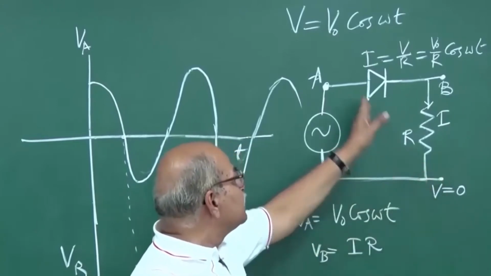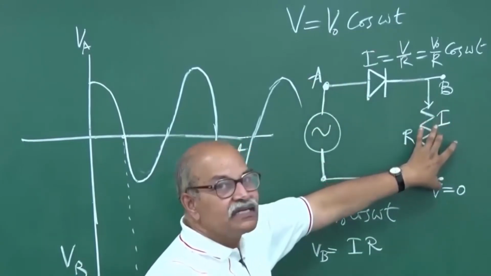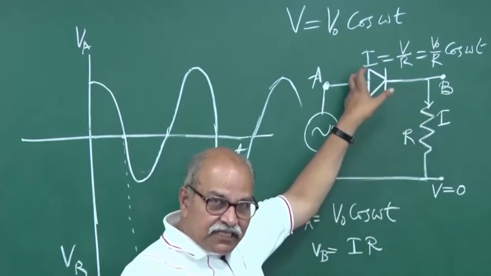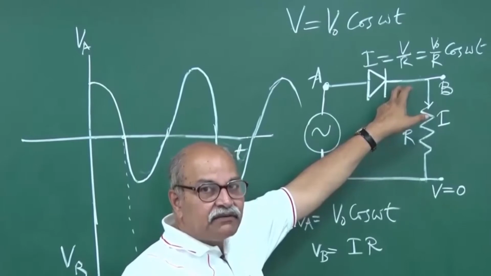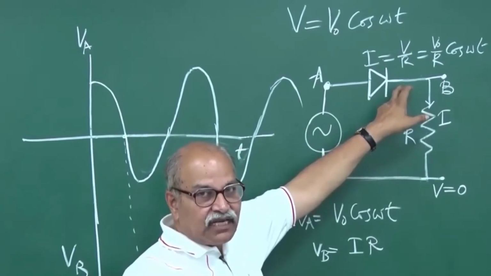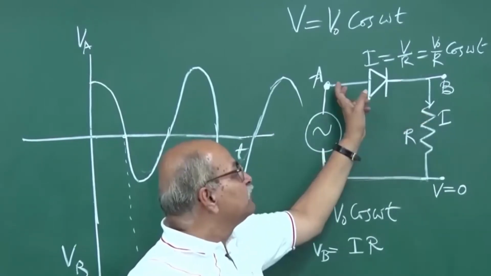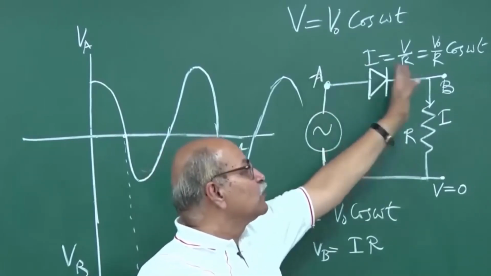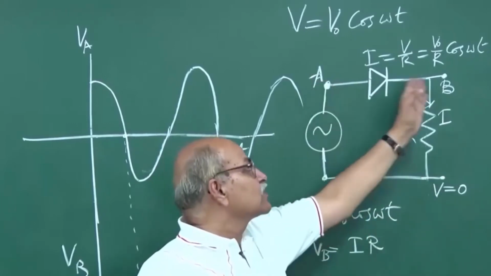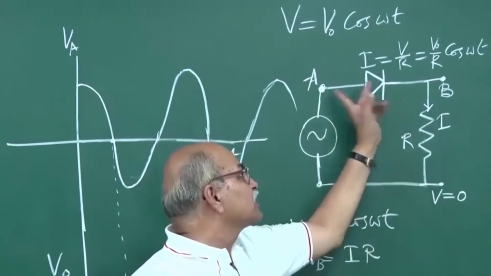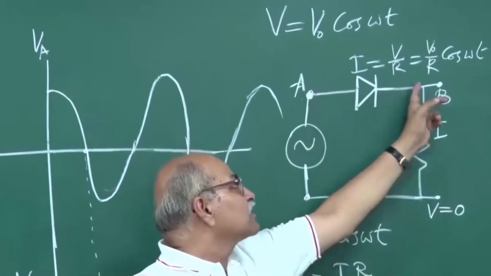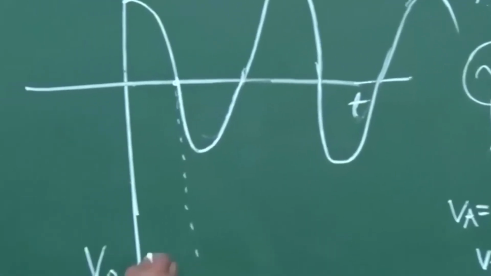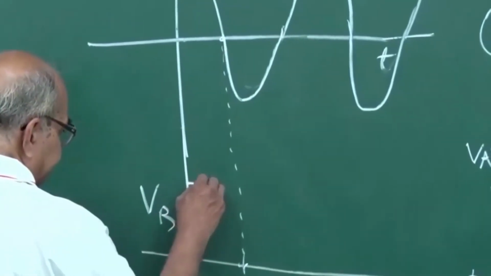Higher potential here and lower potential here, so this is forward biased. In our approximation we take the forward biased resistance to be negligible, so it's just a short circuit. This portion is shorted, you just have a wire, and so your VB will be the same as VA.